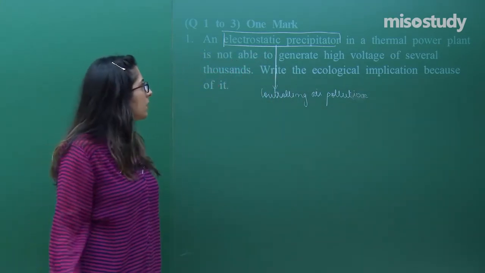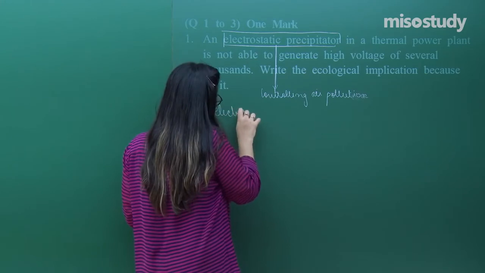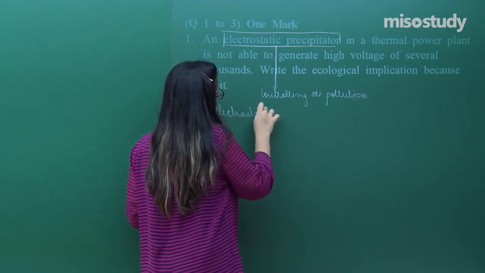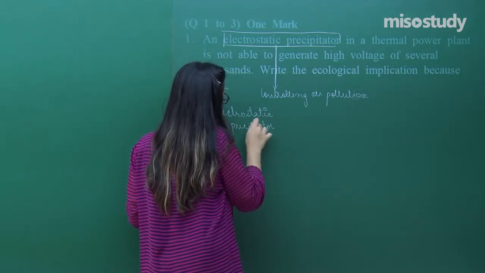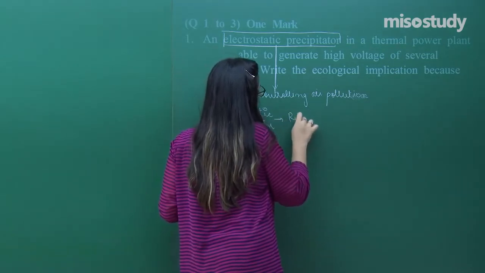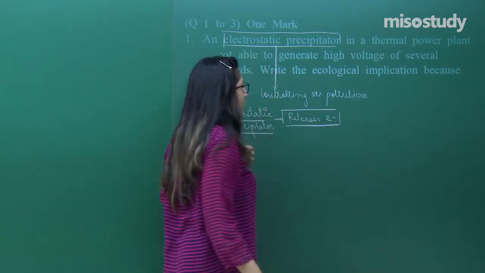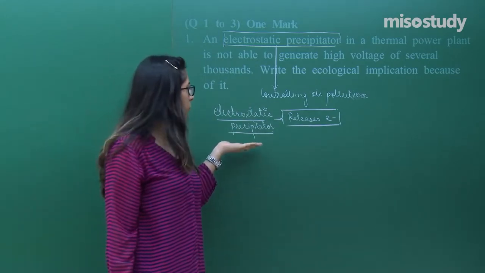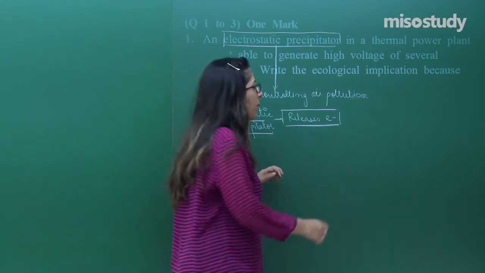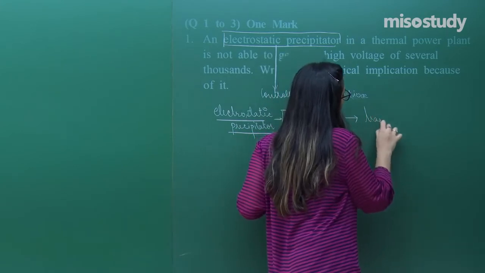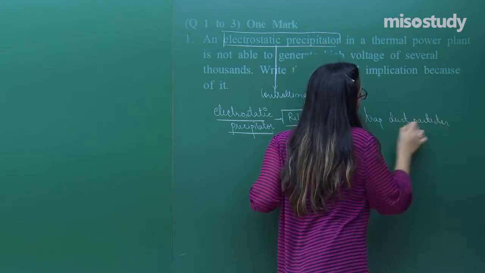It releases electrons. A high voltage of 1000 volts flows out from this electrostatic precipitator, due to which electrons are released from it. They trap the dust particles.